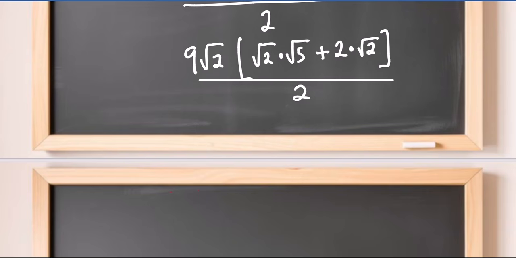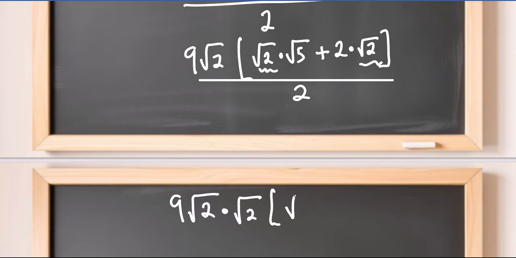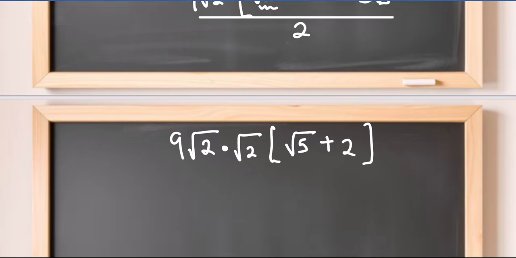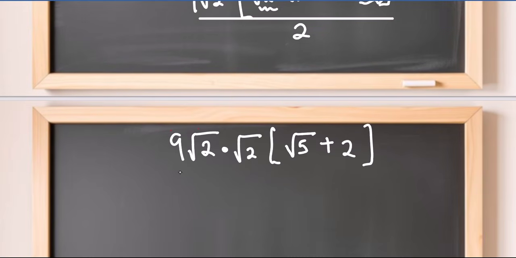Now, from here, I have my 9 multiplied by the square root of 2. The square root of 2 is common to both terms. Factor it out. And in the parentheses, we are left with the square root of 5 plus 2, everything divided by 2. Also, I have the square root of 2 multiplying the square root of 2 here.